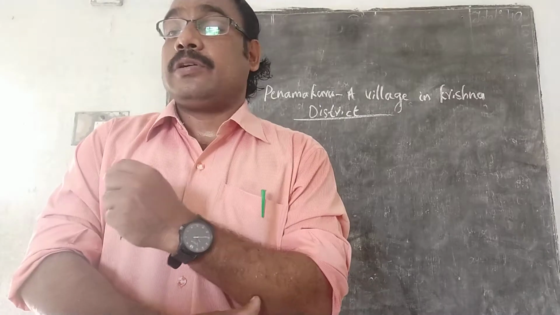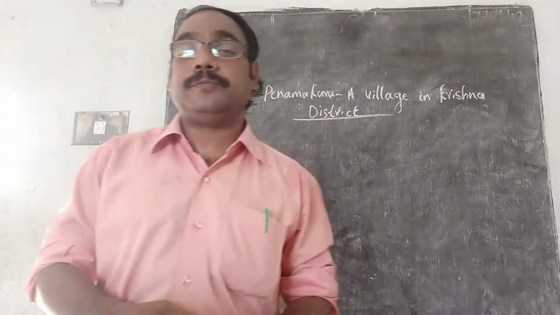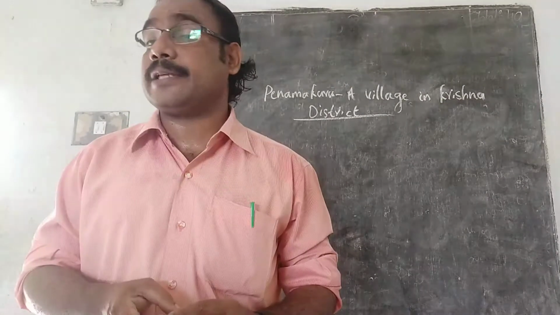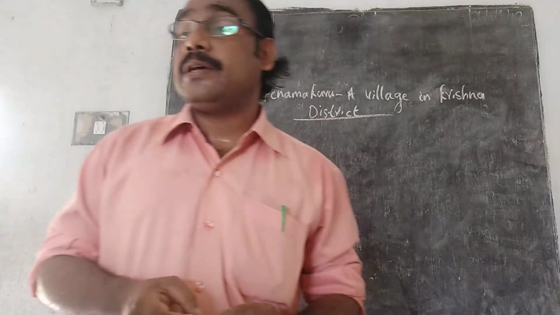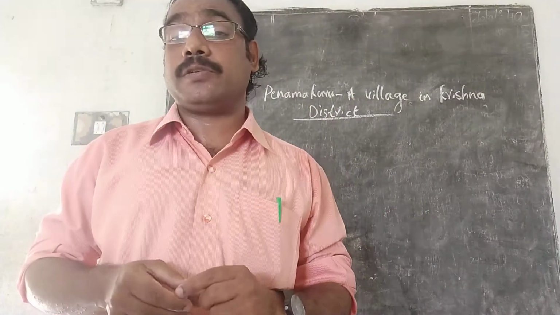Okay. So coming to the rain, this region receives rains from June to October: June, July, August, September, October, from the southwest monsoon. Okay, the name of the rain is southwest monsoon.